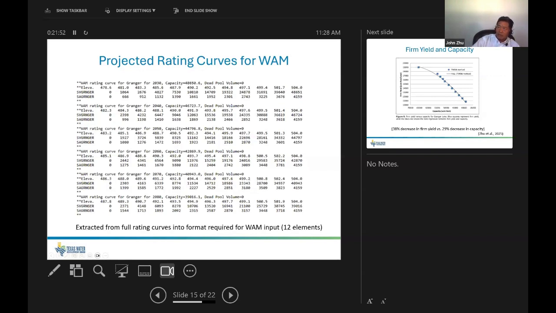You see elevation 478.6 in 2030, but when you go up to 2080, that will be up a lot, 487. So almost 10 feet has been filled at the bottom of this reservoir.